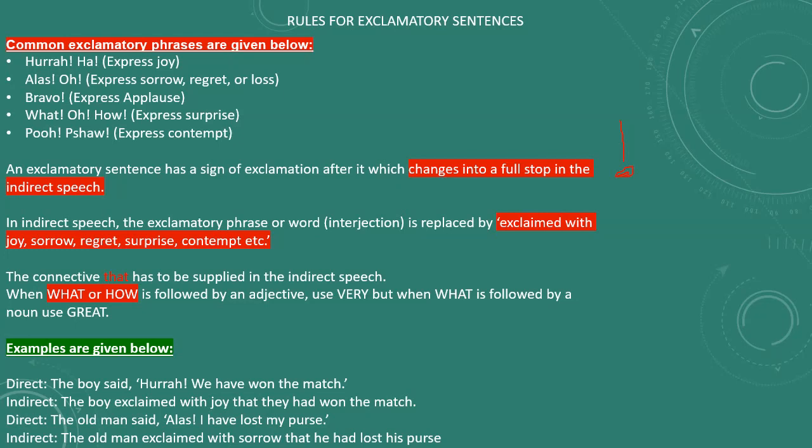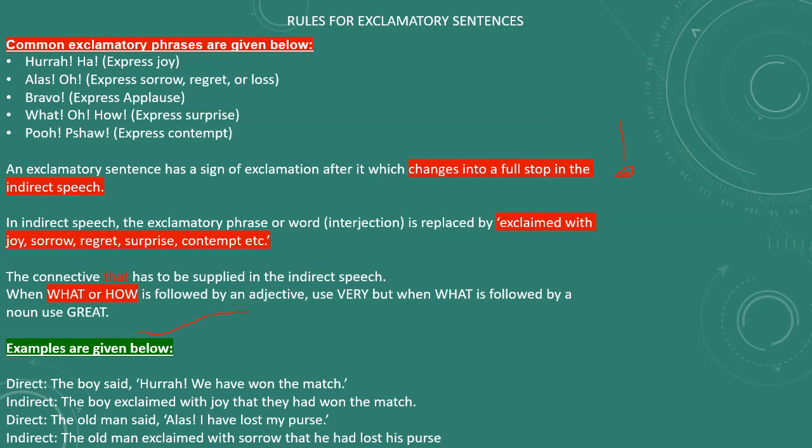If it expresses sorrow, then exclaim with sorrow, exclaim with regret, surprise, contempt, etc. The connector that is also used here in case of exclamatory sentences. When what or how is followed by an adjective, use very, but when what is followed by a noun, use great.